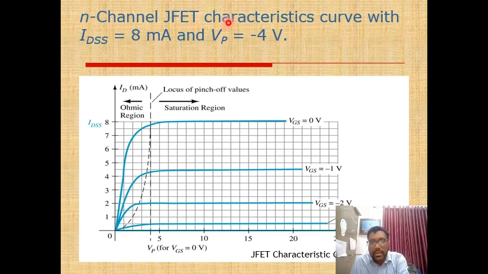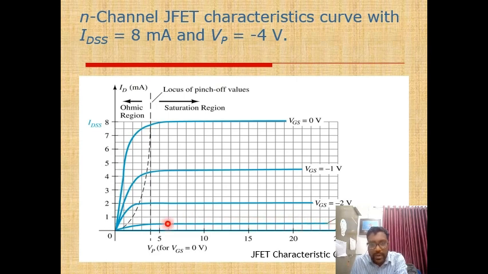Now here is the N channel JFET characteristics curve with IDSS of 8 milliampere. This is an example where we can see different VGS. With VGS 0, the lower curve we are seeing over here is with VGS 0.